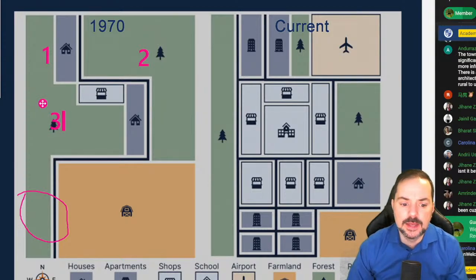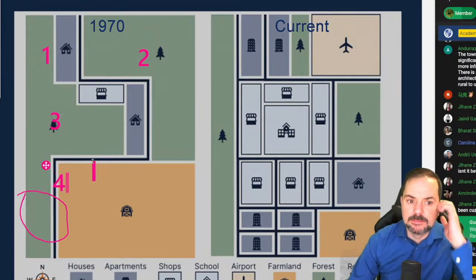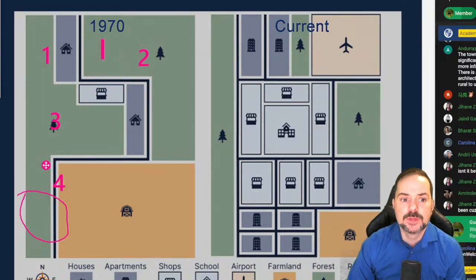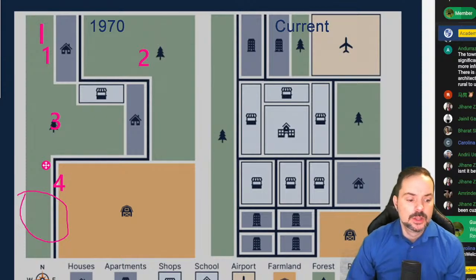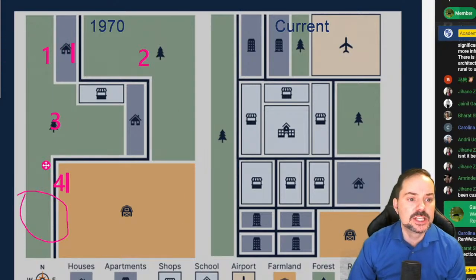Okay, and then I would do 4 here. Okay, so this would be my logical progression of the information. So starting from the northwest, moving to the northeast, and then the central part of this town, and then moving through the southern part. Okay, so that's how I would do it.